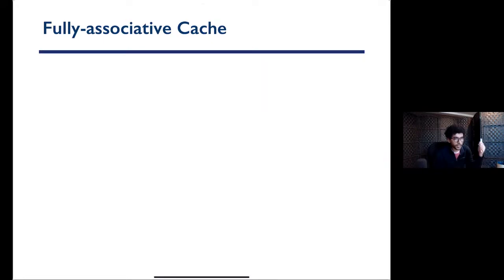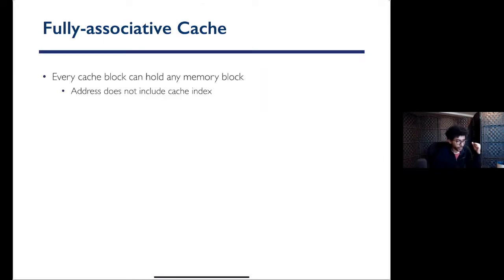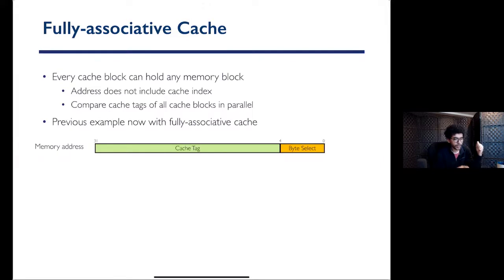Now let's finally look at fully associative cache. With fully associative cache, I don't need any set select because there is only a single set, so no bits are going to be used for that.